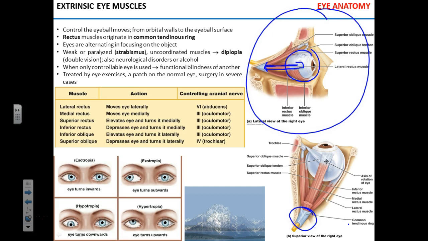If lateral rectus moves the eye outward, what would medial rectus do? Move it inward. I'm trying to say, okay, there's medial rectus, okay? Move it inward. That's effort from the medial rectus muscle. Okay? Superior rectus.